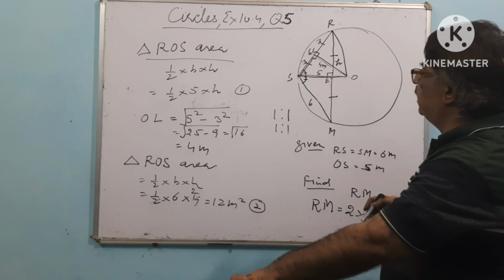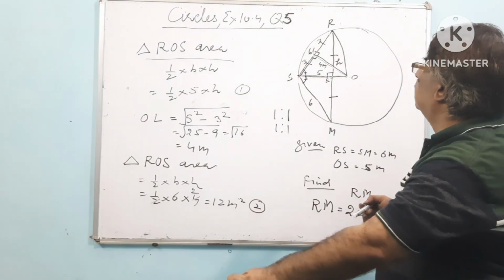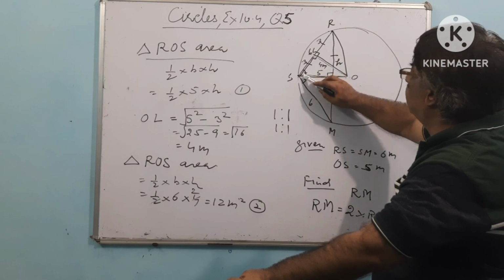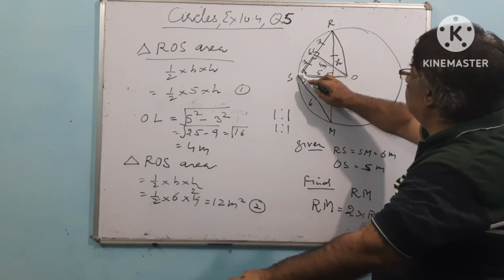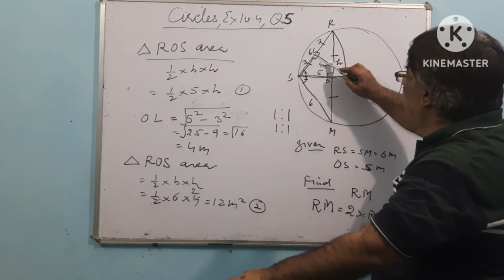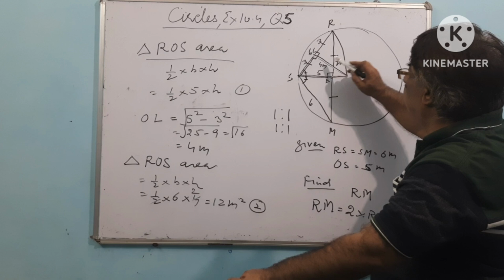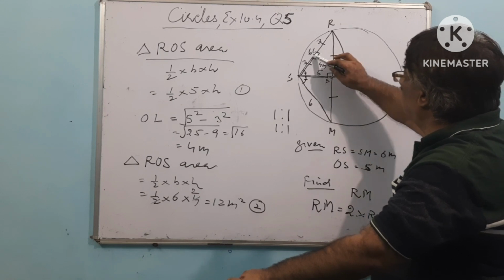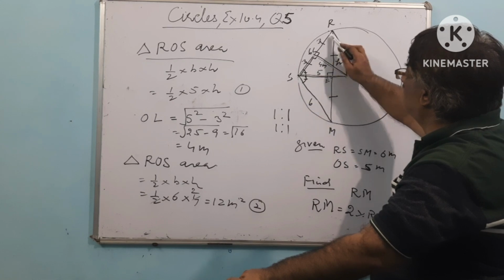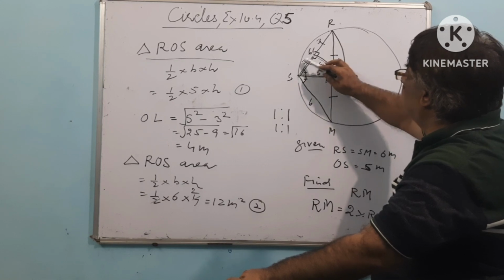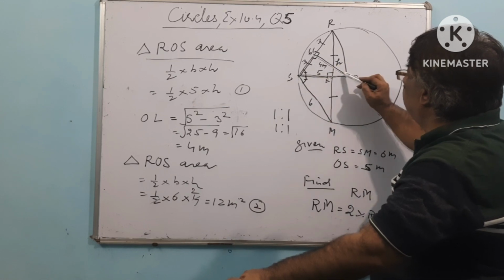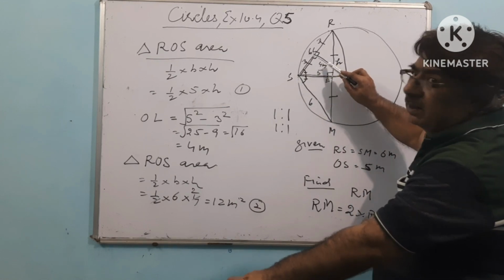And from a second dimension, the same ROS triangle is viewed as RS is the base and OL is the altitude, which we have found by doing a construction OL perpendicular to RS so that it bisects RS, 3 meters each, and now applying the Pythagoras theorem in this triangle, we have found the altitude as 4 meters.